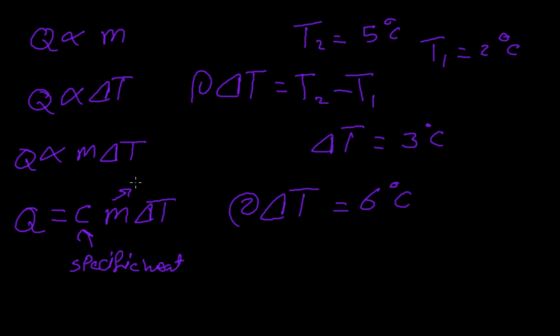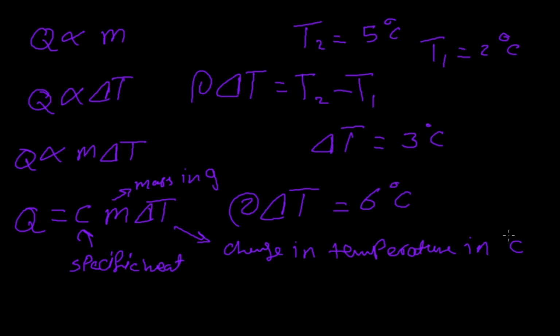And M is the mass in grams, and delta T is the change in temperature in Celsius degrees. So if you want to define the C, or the specific heat, C should be equal to Q, or the quantity of heat, over M delta T.